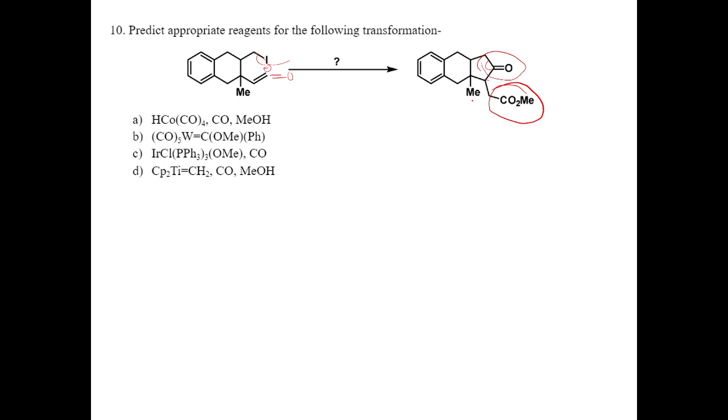So here the carboxylate group is produced from the olefin, so it is a hydrocarboxylation, a carbonylation reaction. Then what is the process for that? You need one carbonyl group, that is this one, right?